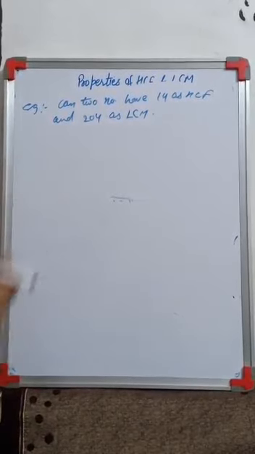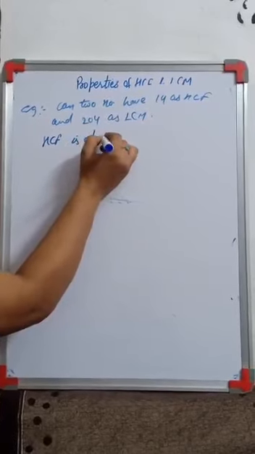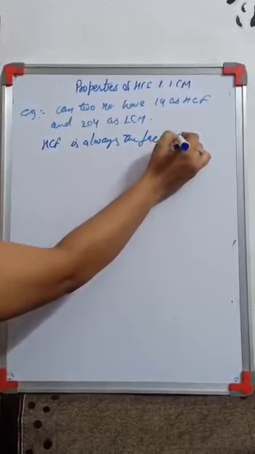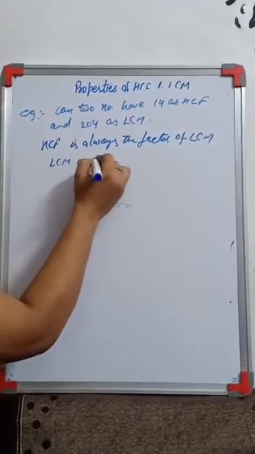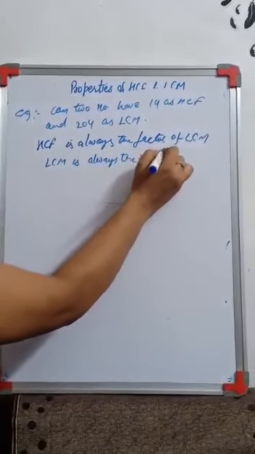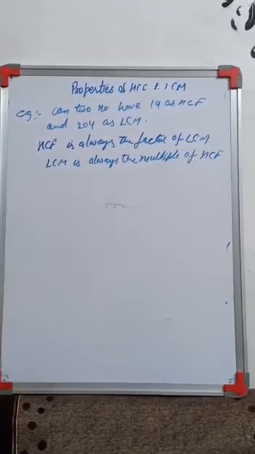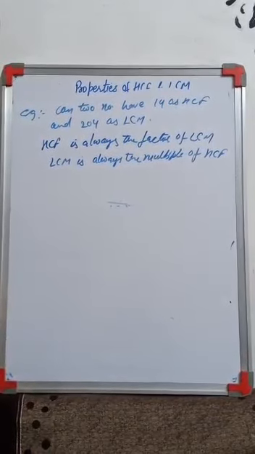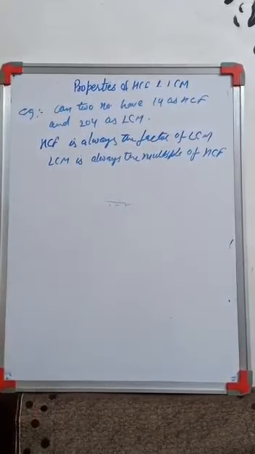See, the property we have learned is that HCF is always a factor of LCM, or you can say LCM is always a multiple of HCF. That means LCM should be completely divisible by the HCF.